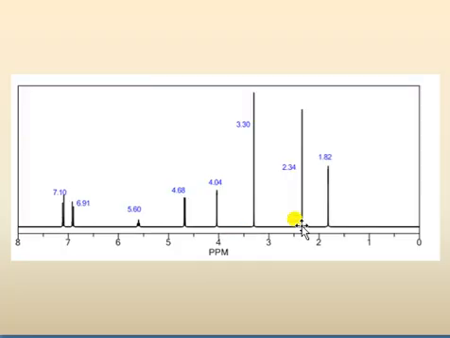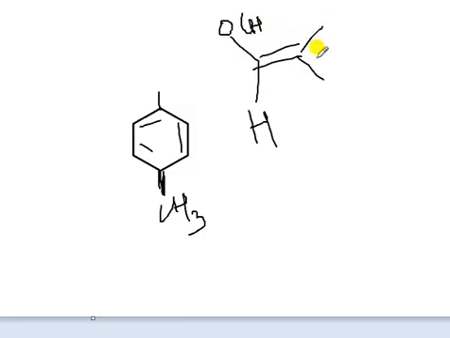How many peaks are there below 2? Only one peak is below 2. So one CH3 is there, and we have written it wrong. So definitely this is not the structure.